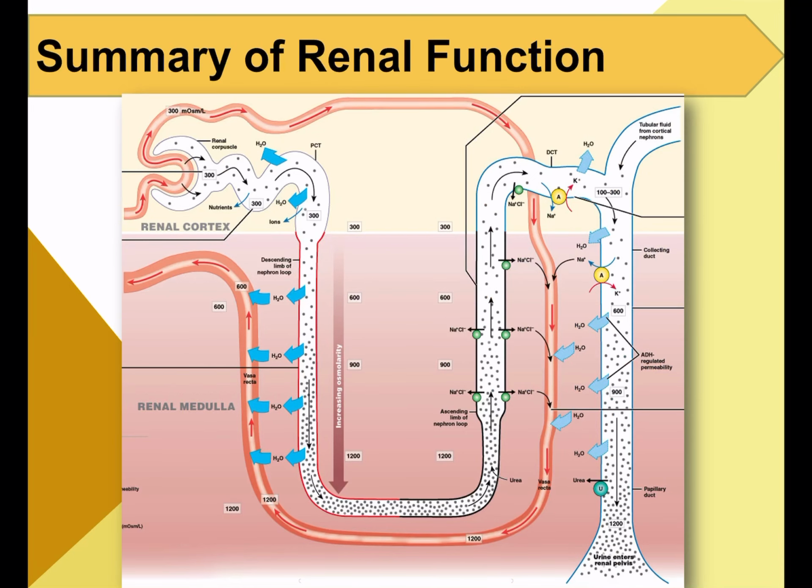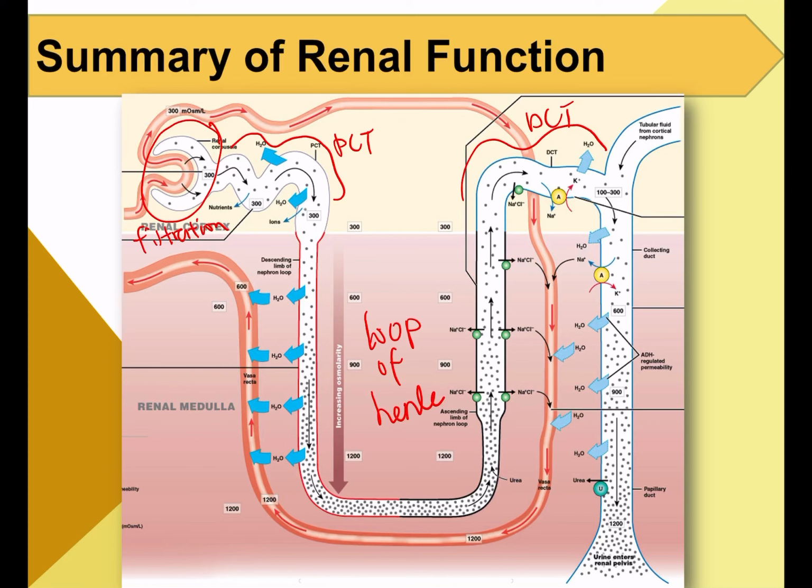Okay, so this is a good overall summary slide for you to look at renal filtration, reabsorption, and secretion in a big picture. This is your glomerulus, so this is where filtration happens, okay? This is your PCT, this is your DCT, this is the loop of Henle, okay?